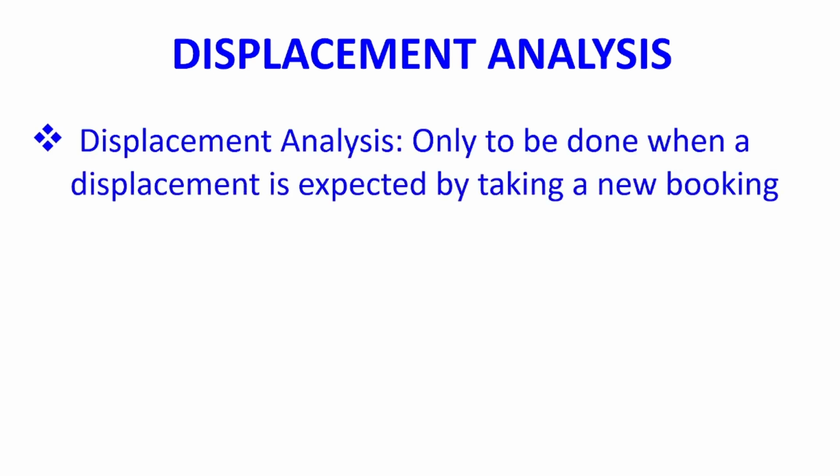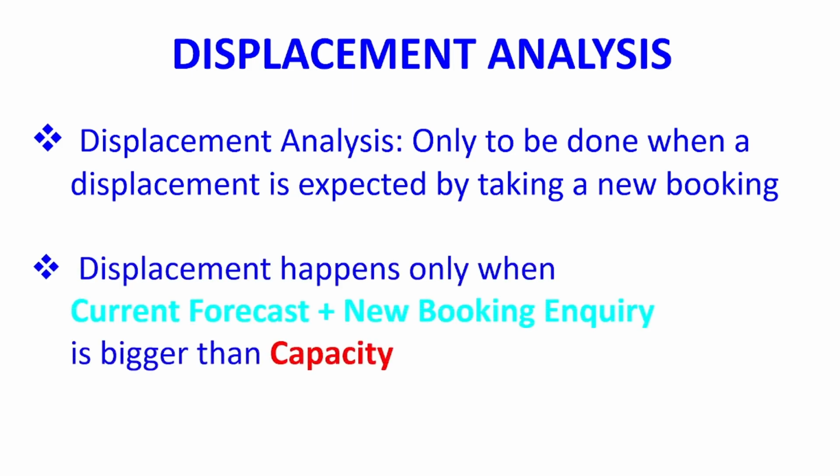Now let's talk about displacement analysis. Displacement analysis is only to be done when a displacement is expected by taking a new booking. To make it easy to understand, you can just remember it like this: displacement happens only when the current forecast plus the new booking inquiry is bigger than capacity.